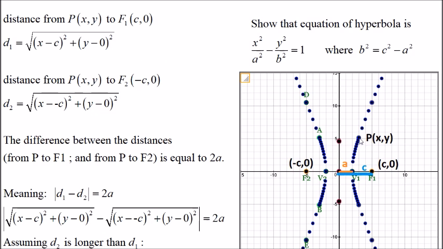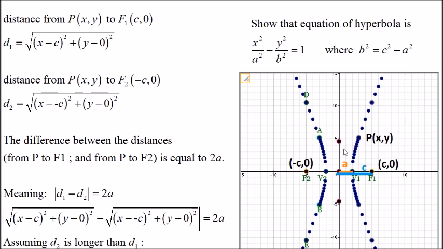So let's pick any point on the hyperbola, call it point P with coordinates (x, y). The distance from P to F1 will be the square root of (x minus c) squared plus (y minus 0) squared. So this is the distance from P to F1.